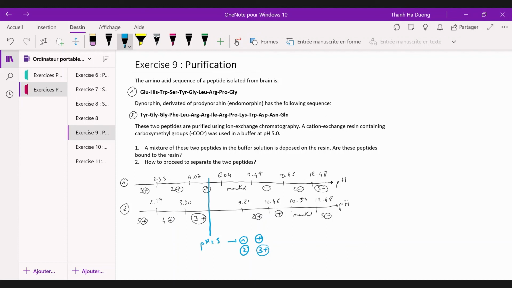Both peptides are bound to the resin because you have ionic interaction between the beads, which are negatively charged, and the peptides, which are both positively charged. Anyway, peptide 2 is more tightly bound to the beads than peptide 1. So normally, peptide 1 should be released, should be eluted first.